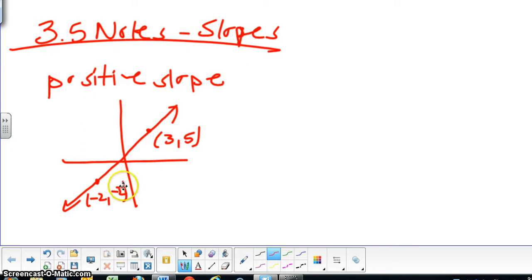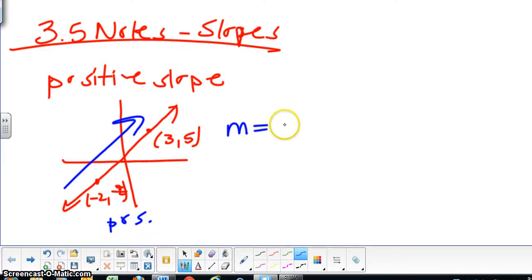Okay, so if we're going to look at the graph, we can see it's positive because it is rising to the right. So we know that this is going to be a positive slope. We can also show this because the slope formula is the change in y over the change in x.